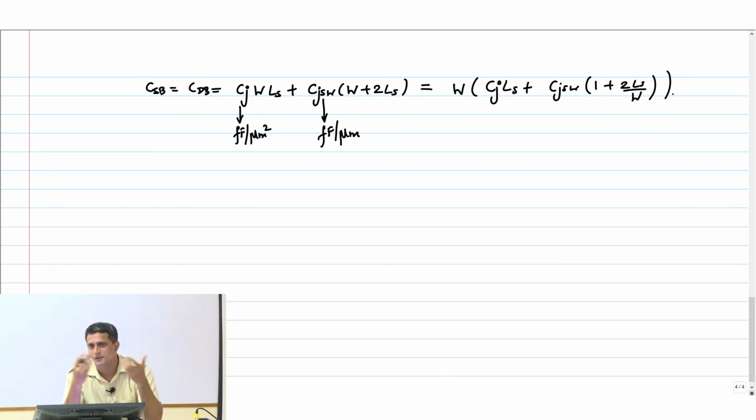So this fight between resistance and capacitance is what is going to dominate your delay, and there is therefore going to be a sweet spot somewhere. You can optimize your circuit to get minimum delay, because if I increase W, resistance is coming down but capacitance is going up. Of course, if I multiply these two components, it seems to cancel out, which is true.